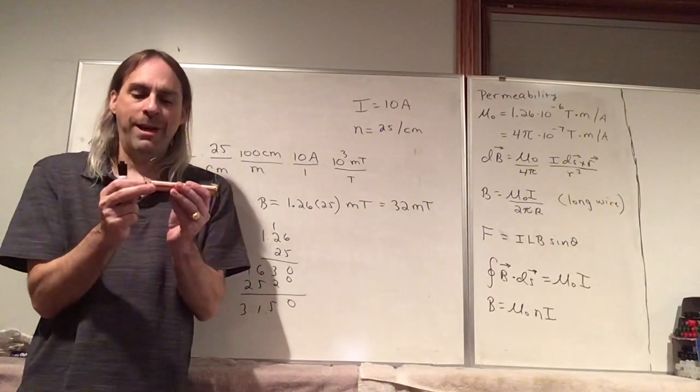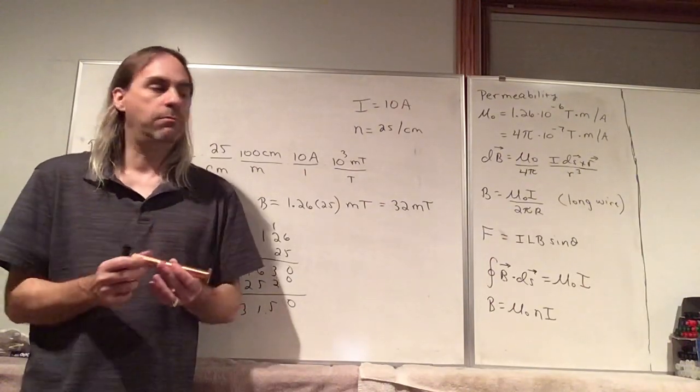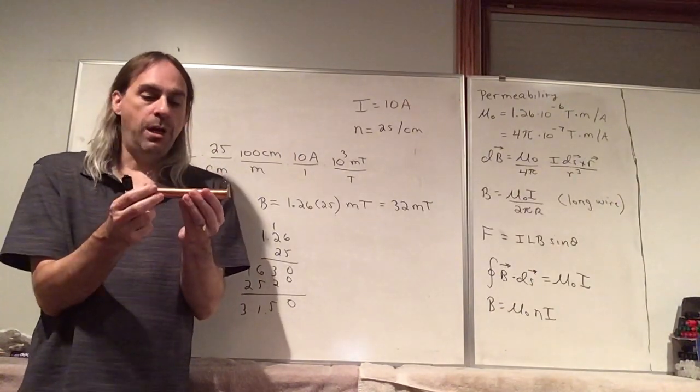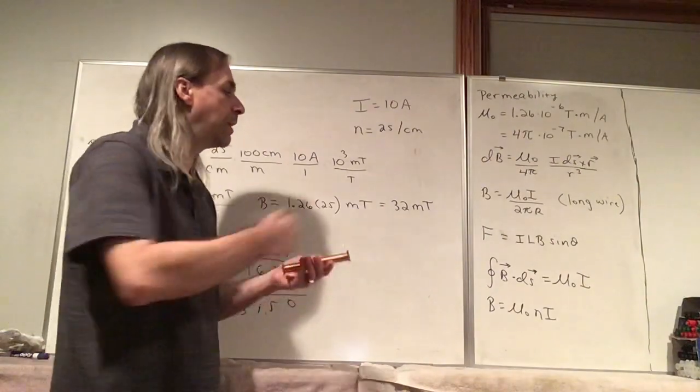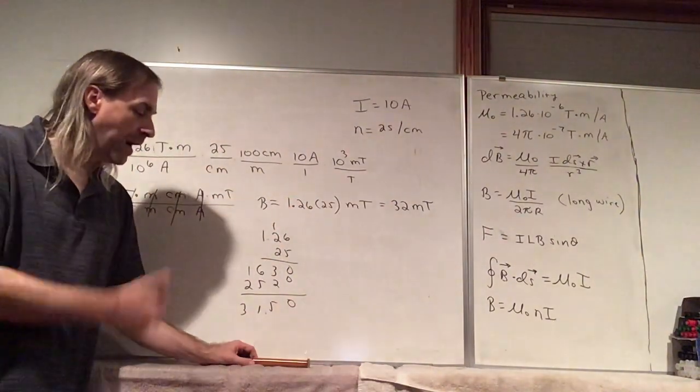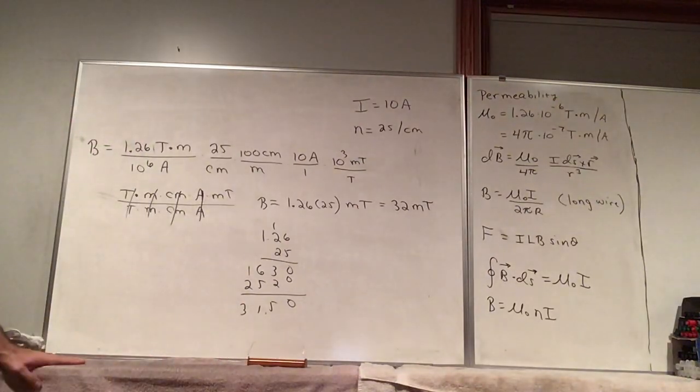And we'll talk about magnetic fields in matter, but if you put iron inside here, it would magnetize the iron, and many metals you can put inside here could magnify the magnetic field inside. But 32 milliteslas, I think that's a little better than a standard bar magnet. Reasonably significant magnetic field.